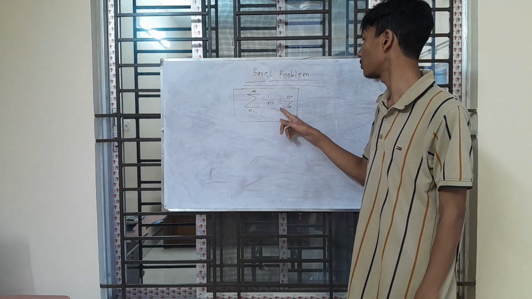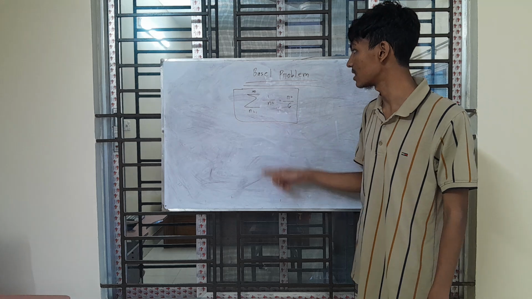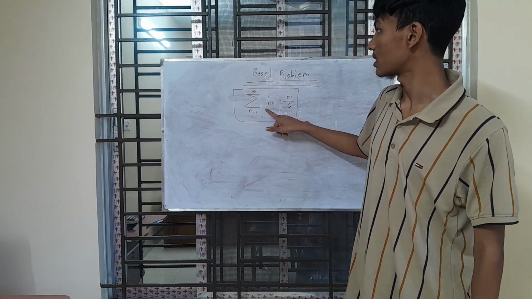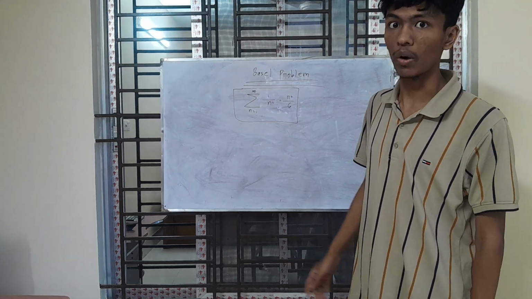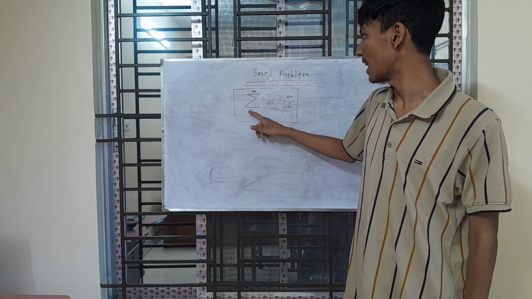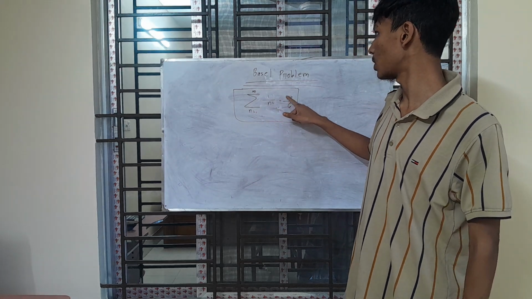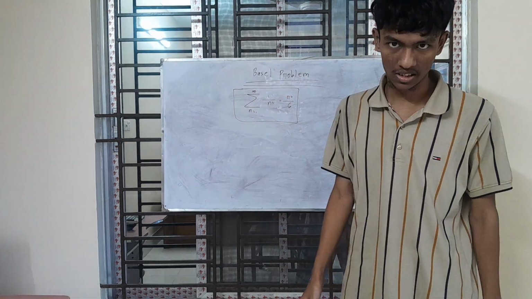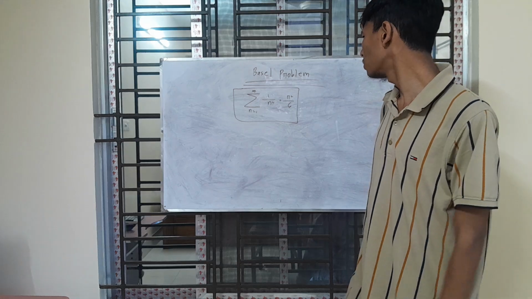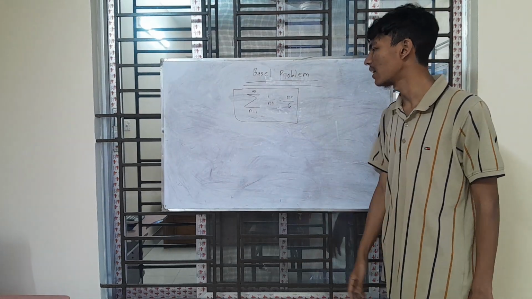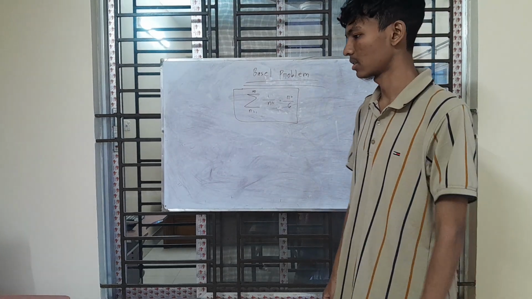Indeed, it is very beautiful because the result is this: the sum of the reciprocals of the squares of natural numbers is equal to pi squared by 6, right? So it is indeed a very beautiful result.